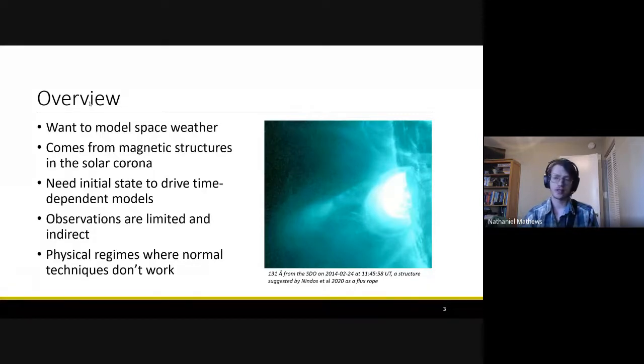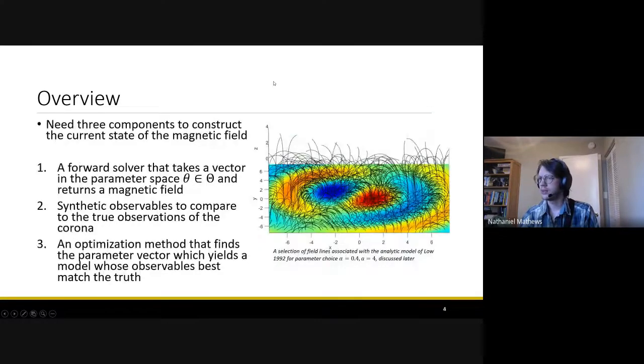But observations of the sun are limited, they're difficult to get, and a lot of the time they have issues about degeneracies of the magnetic field structures or line of sight integration degeneracies, because multiple perspectives are difficult, tomographic techniques are difficult. And so in order to do this kind of inverse problem, we need really 3 things.